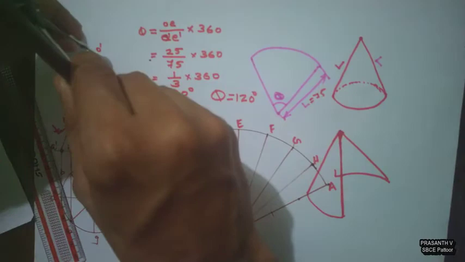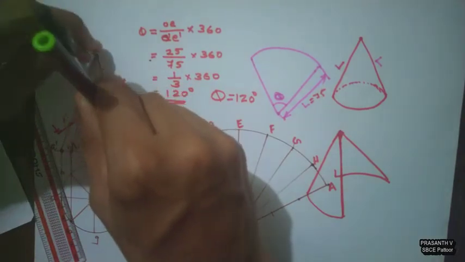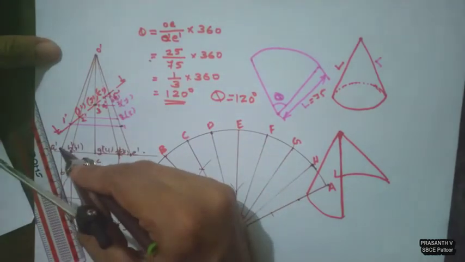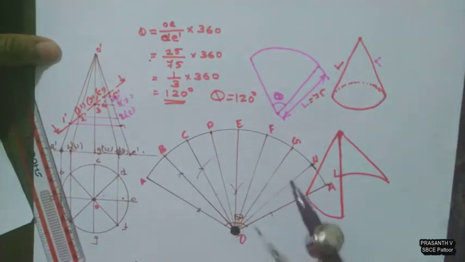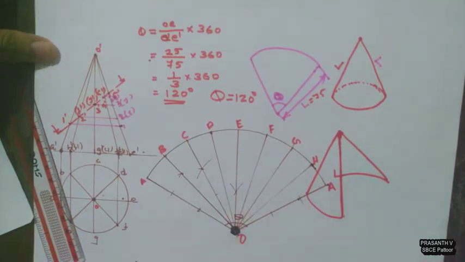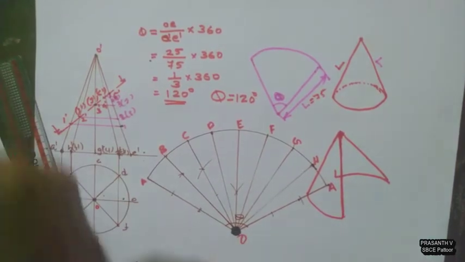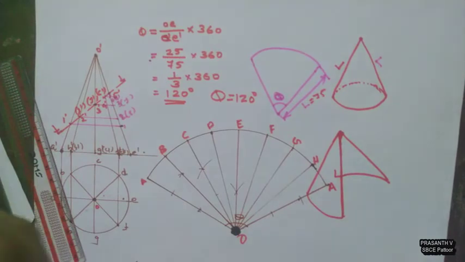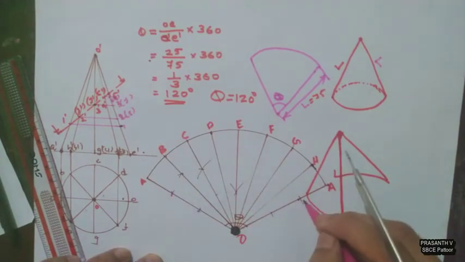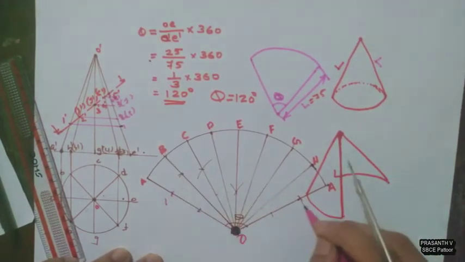For example, if I am taking this O dash to 1, the point 1 you know is on generator line OA. So simply I can mark here, this is 1. So I got this is point 1.